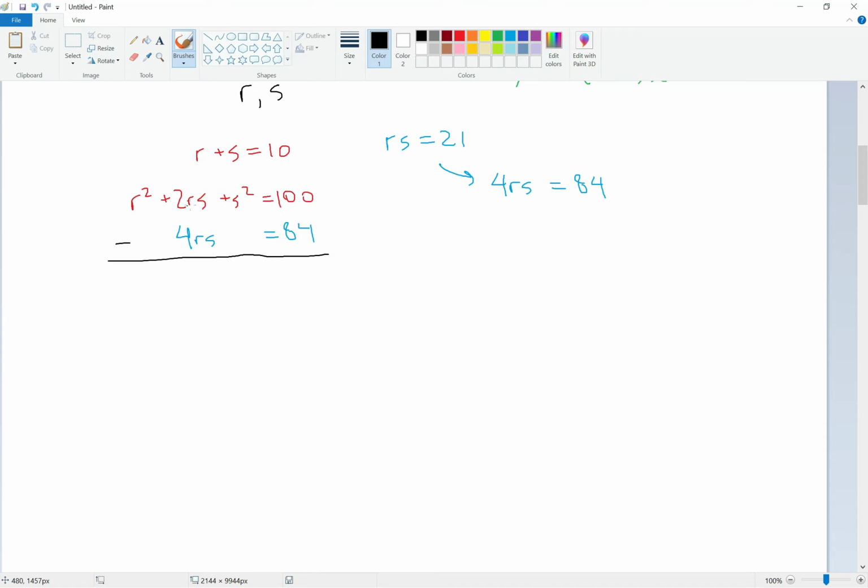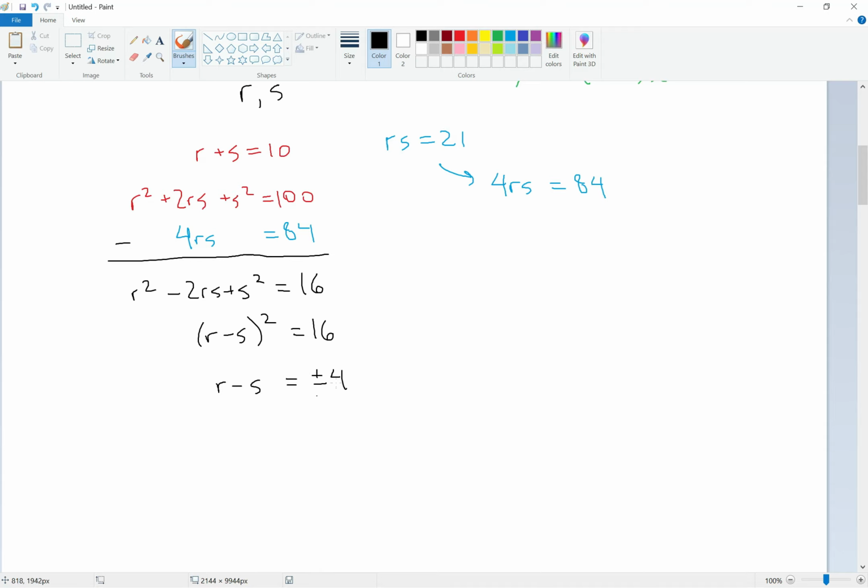So when you subtract these two equations, you get r squared minus 2rs, because 2 minus 4 is negative 2, and then plus s squared equals 16. And the left-hand side of this equation just happens to be (r minus s) squared equals 16. So we have that r minus s equals plus or minus 4.